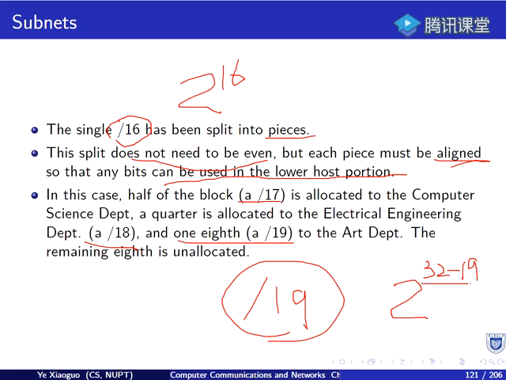This is the size of the host portion, right? It is 13. So it is an eighth of the original size, right?